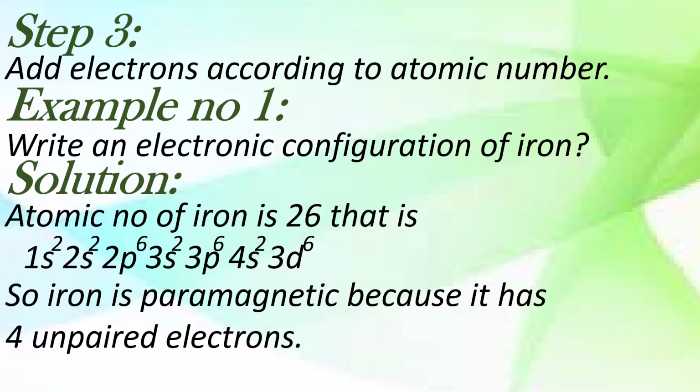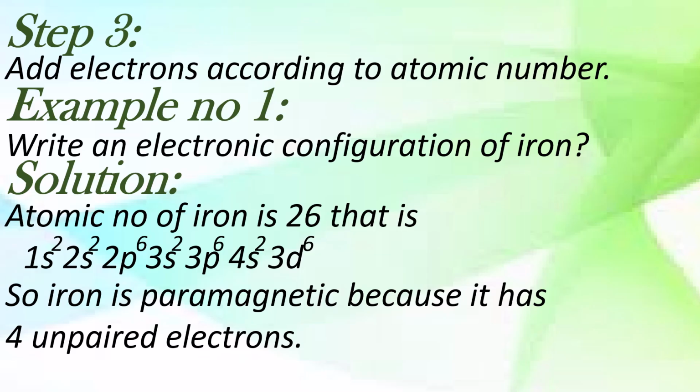Because the atomic number of iron is 26, if we add the electrons 2, 2, 6, 2, 6, 2, now 6 electrons are left. We will put them in 3d. The maximum 3d orbital can occupy is 10 electrons, but here the atomic number of iron is 26, so we will write 6 electrons.